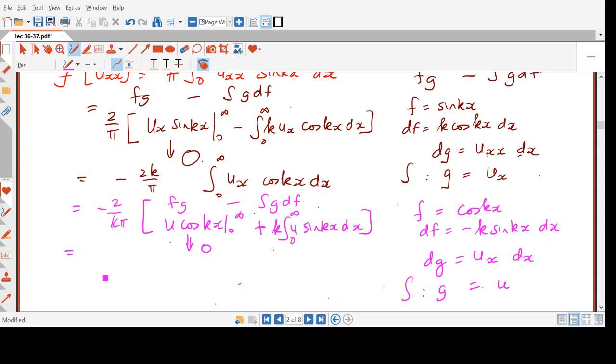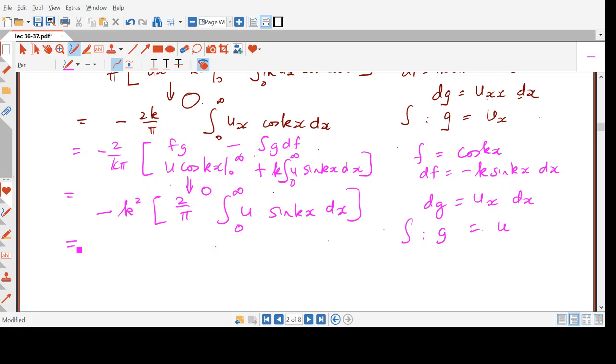Therefore, this effectively boils down to minus k squared into 2 over pi integral u sine kx dx from 0 to infinity. And if you were observing closely, you'll find that this is minus k squared capital U. This guy is precisely the same as U, this entire thing.